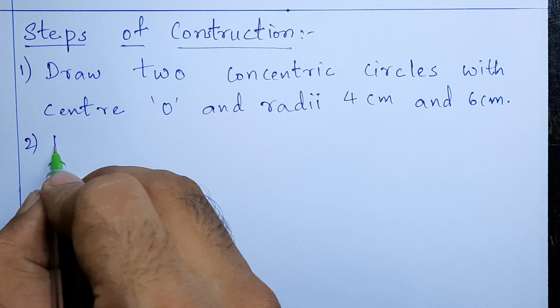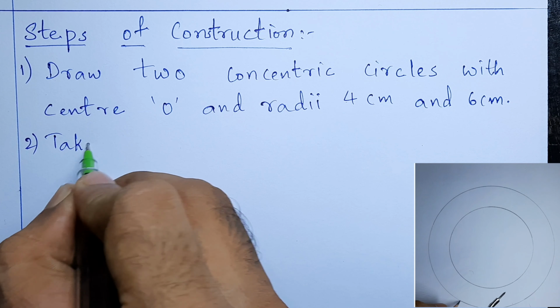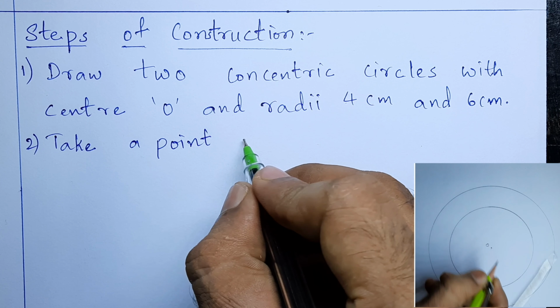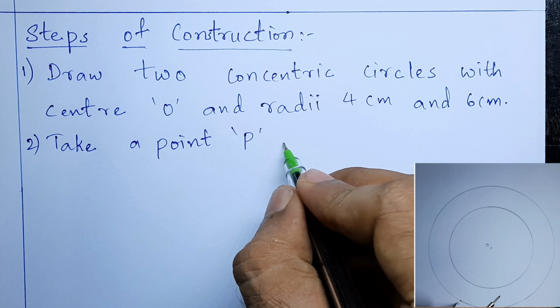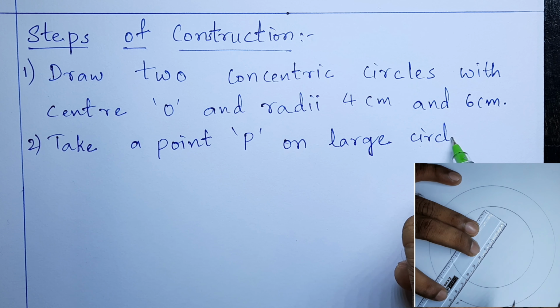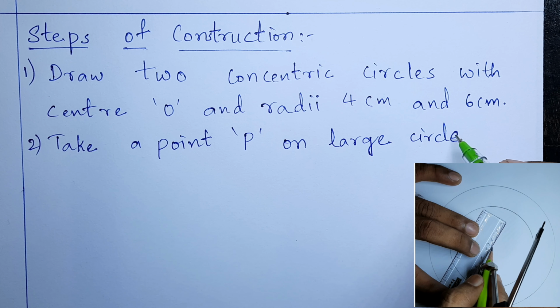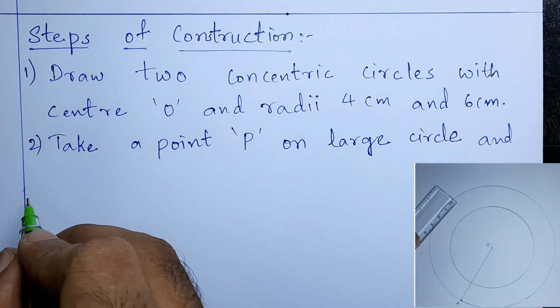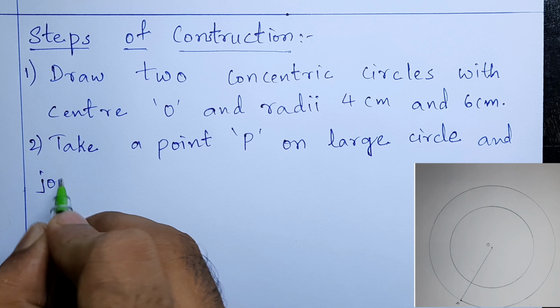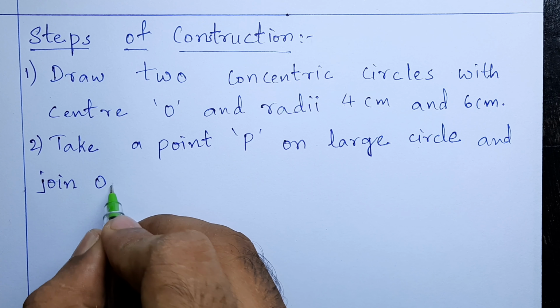Second step: take a point P on the large circle and join OP.